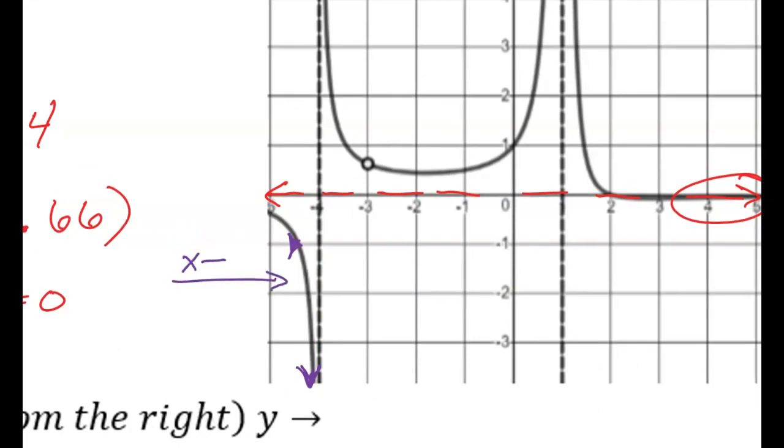As x approaches -4 from the negative direction, there's a negative in superscript. That's what that means. We're coming from the negative direction. As we approach -4 from the negative direction, our y value goes down, down, down, down, down, down to negative infinity.